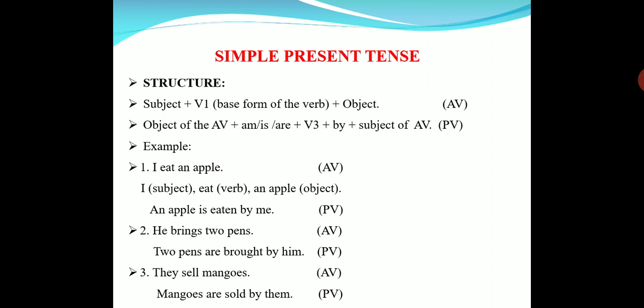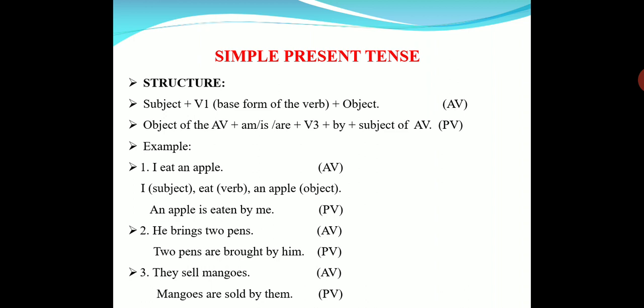Okay. Let us see one more example. They sell mangoes. What is the subject? They. What is the verb? Sell. What is the object? Mangoes. So the object becomes subject. Mangoes are plural.